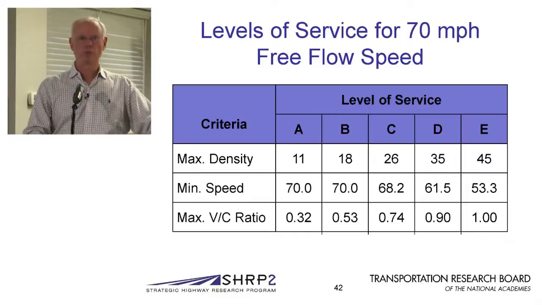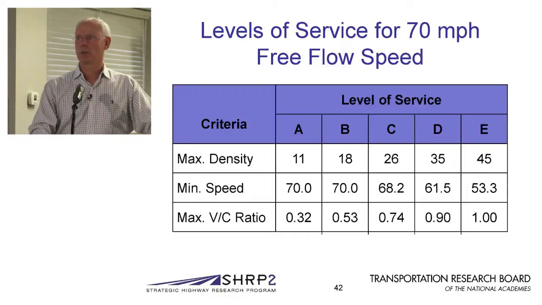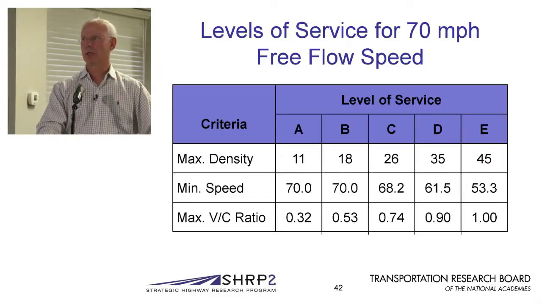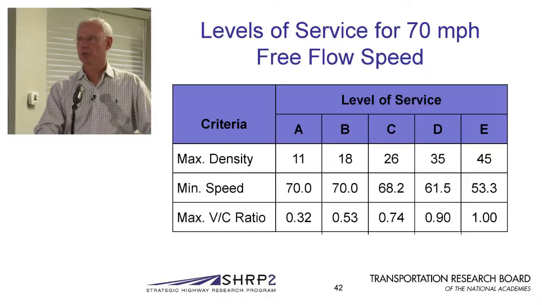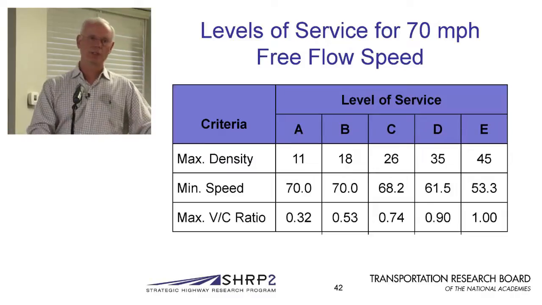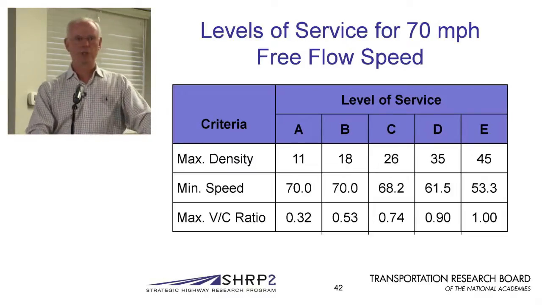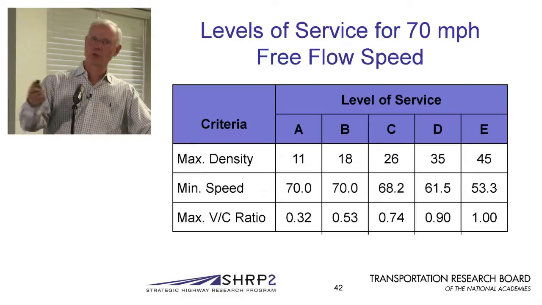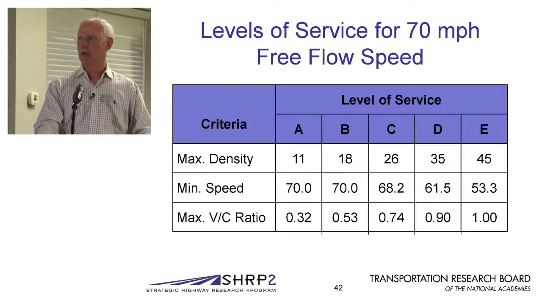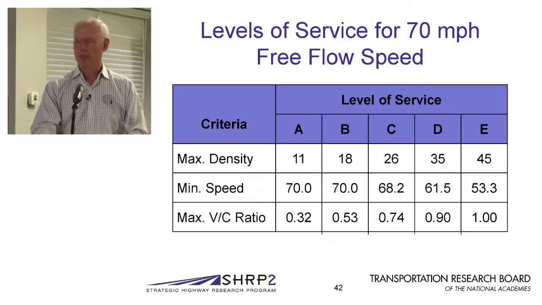And those numbers are right from the Highway Capacity Manual. So those are the standards that judge whether something is A or E. Now, the one problem that you'll see right off the bat is if, for example, you measure your speed at, say, 69, is that B or C? So you always have to extrapolate in some way, shape, or form where you have values between.